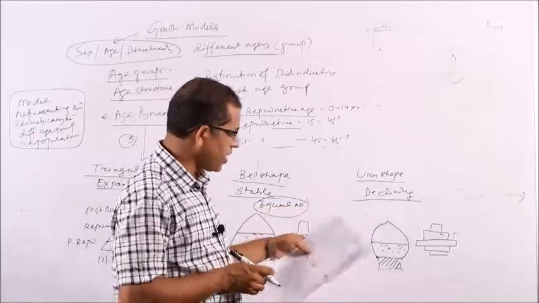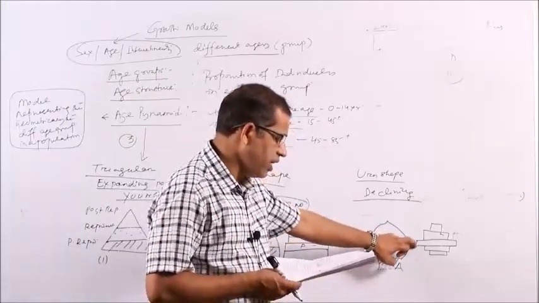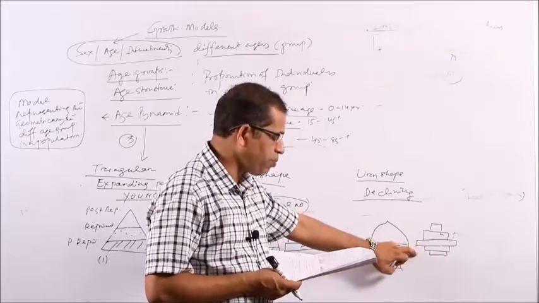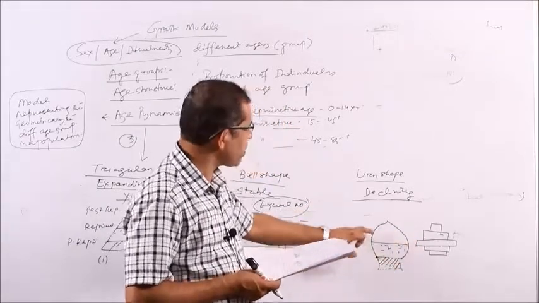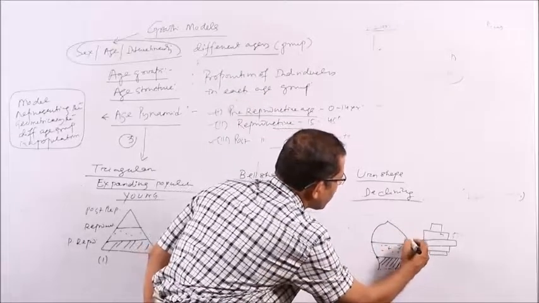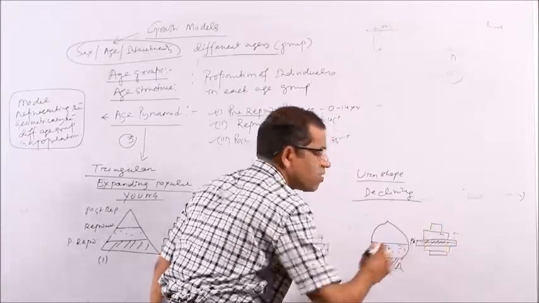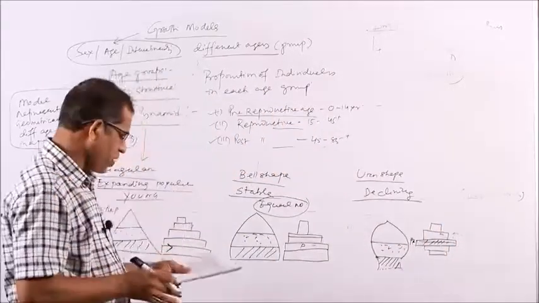This is called the declining because the reproductive age is higher than the pre-reproductive age. Post-reproductive is also high. That shows this is your post-reproductive, which is high. That means it is not healthy for the growth of population.